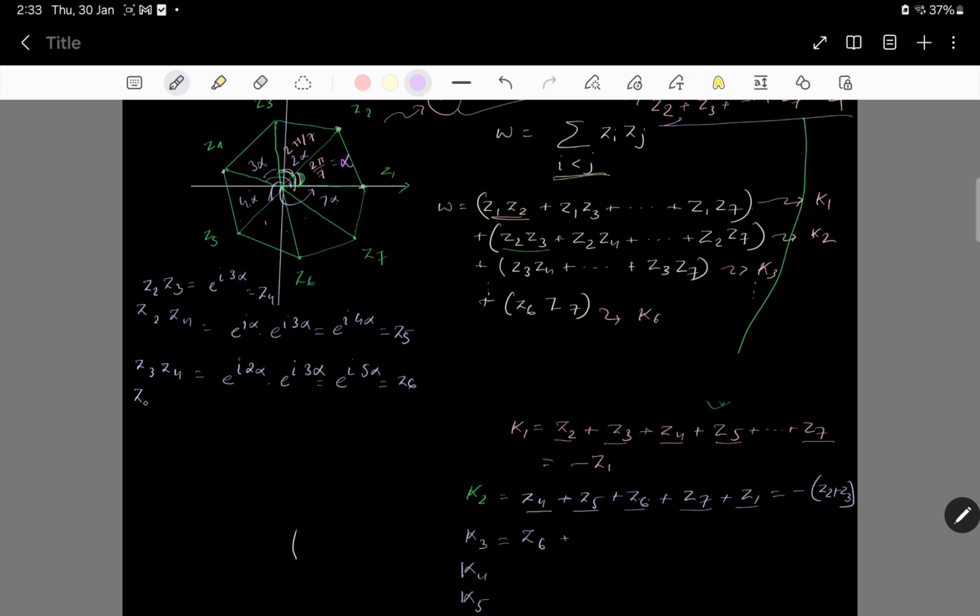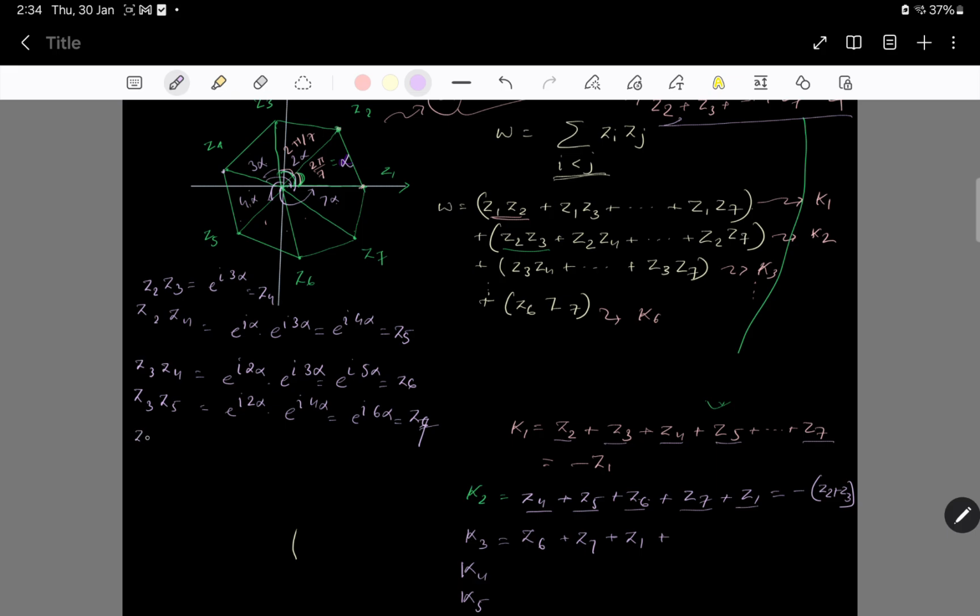Similarly, z3 times z5 is e to the power i 2 alpha multiplied with e to the power i 4 alpha. That means e to the power i 6 alpha, which is z7. Plus, again the z1 will come up.